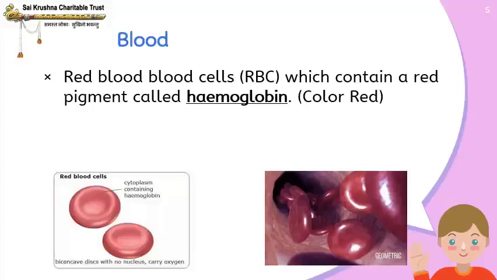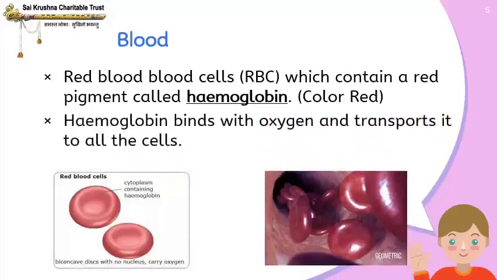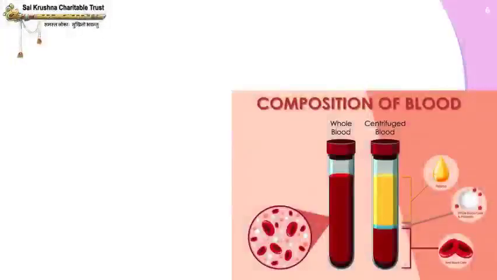Our normal eyes cannot see these pictures. What is the purpose of the hemoglobin? The hemoglobin binds oxygen to the blood and transports it to all the cells. So because of the hemoglobin only, blood is able to carry oxygen to all the cells.